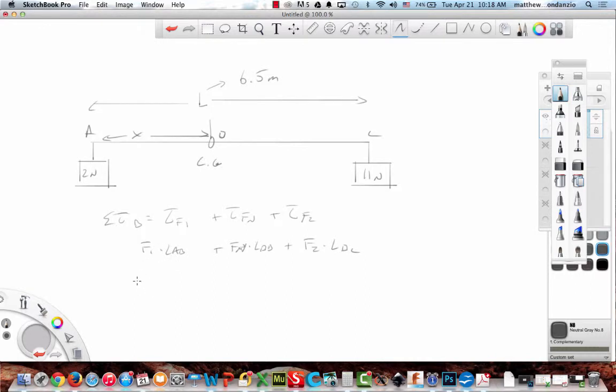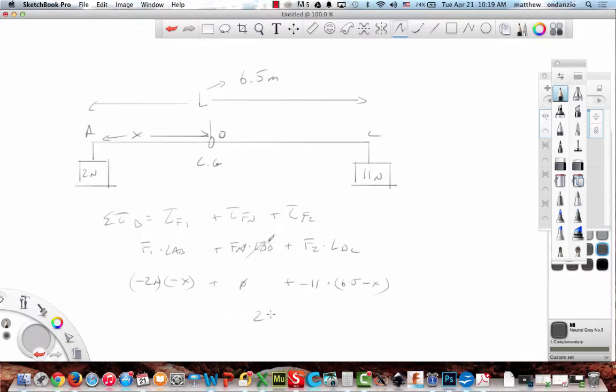So F1 is going to be negative 2 newtons times AB, which is negative x, times negative x, right? Plus, this is going to go to 0, because LBB is 0, plus F2, which is negative 11 newtons, times LBC, which is 6.5 minus x.